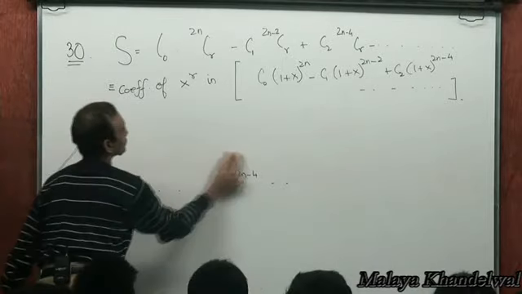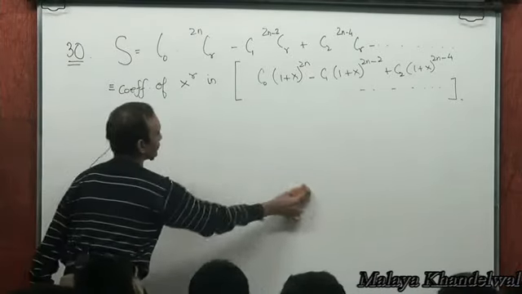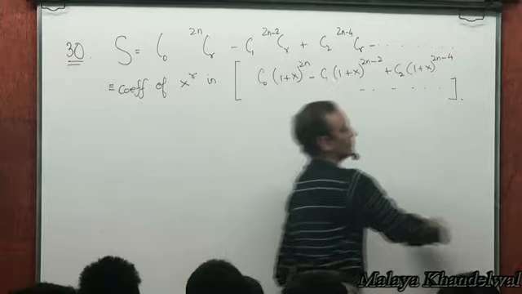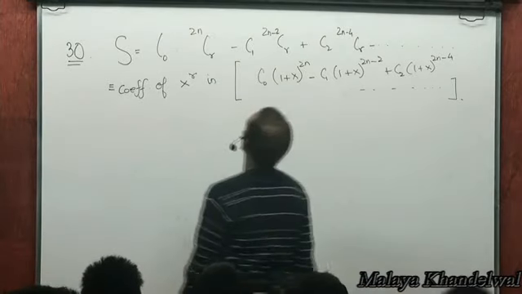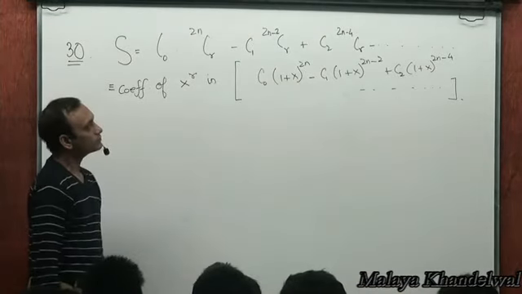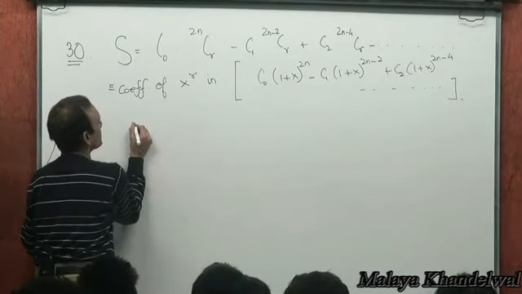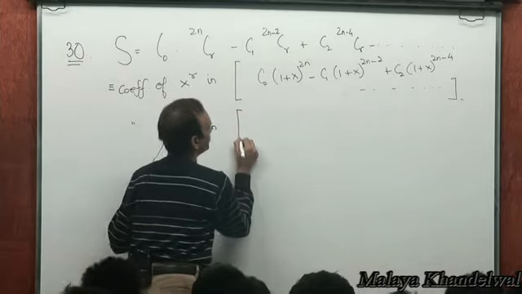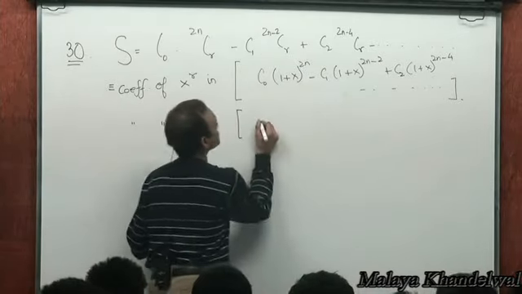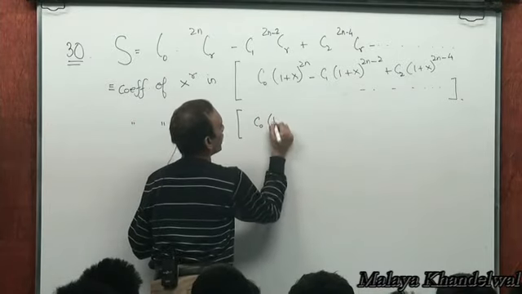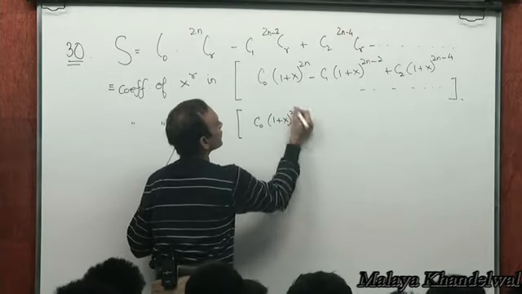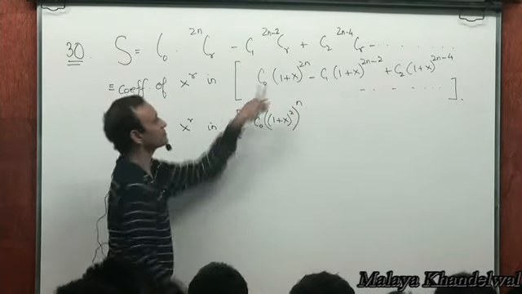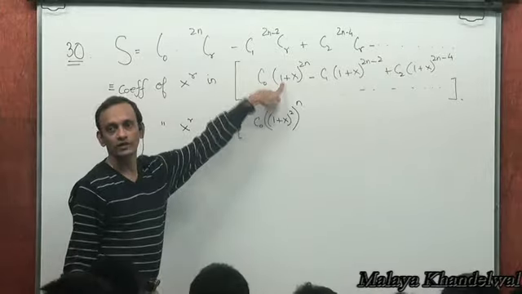Now realize that this is the same as saying the coefficient of x power r in C0 (1 plus x) whole squared whole to power n, isn't it? Is this not (1 plus x) whole squared whole to power n?